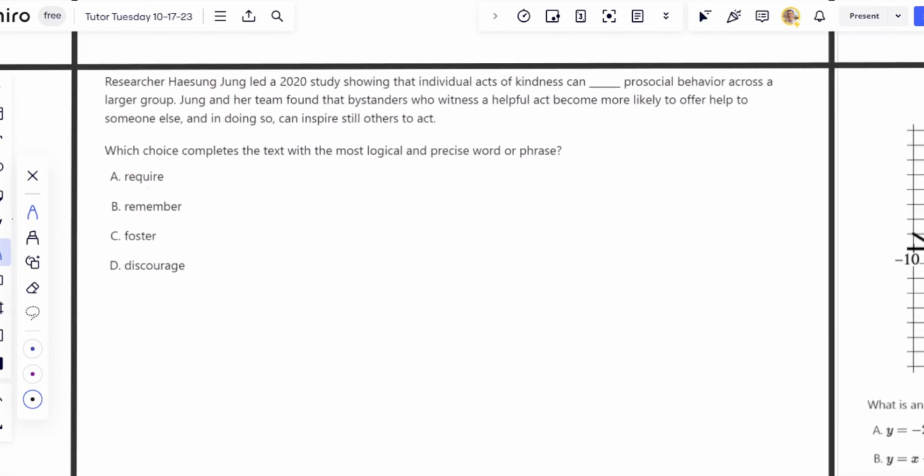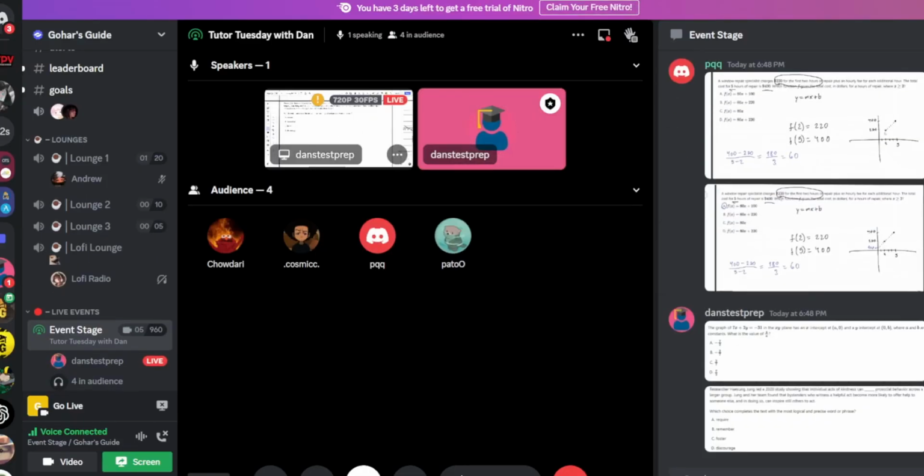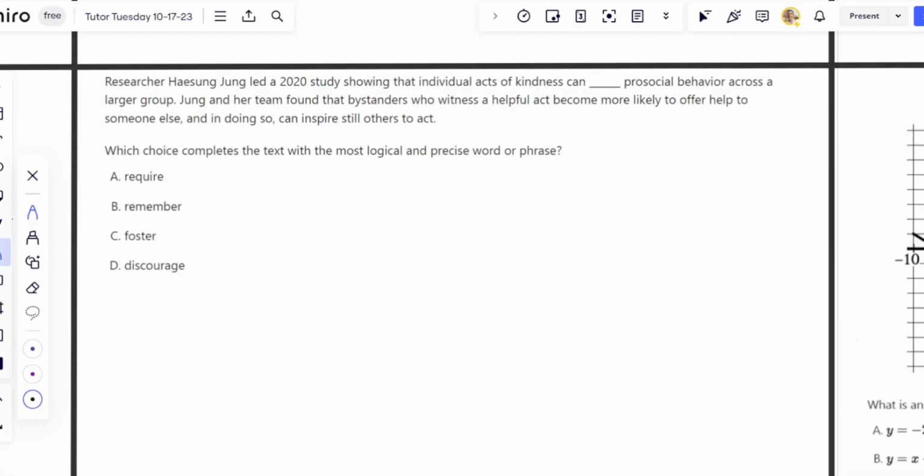For this one, we've got a reading writing question, so let me paste that in for you guys right here. Take a second to read through that one. Okay.